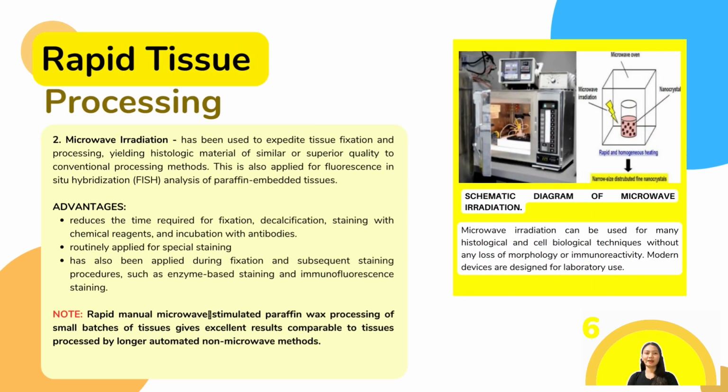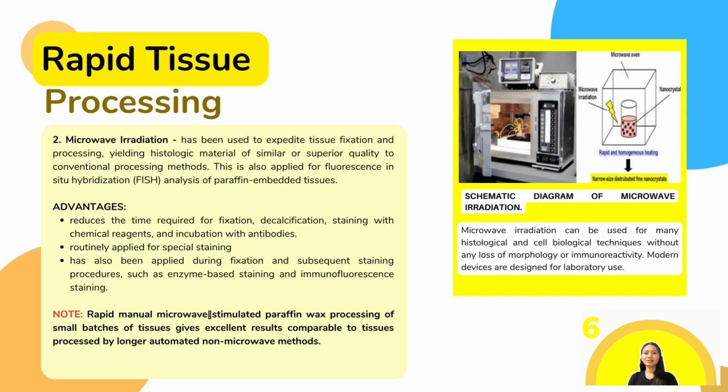It has been used to expedite tissue fixation and processing, yielding histologic material of similar or superior quality to conventional processing methods. This is also applied for fluorescence in situ hybridization, or the FISH, analysis of paraffin-embedded tissues. It also has its advantages.